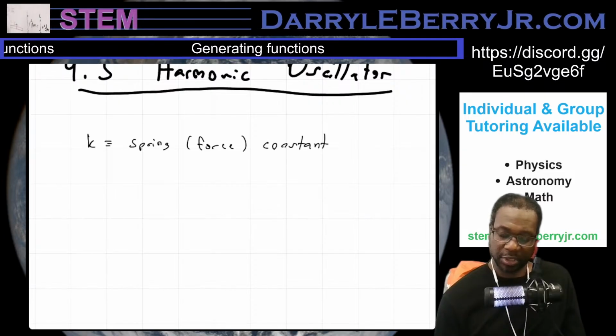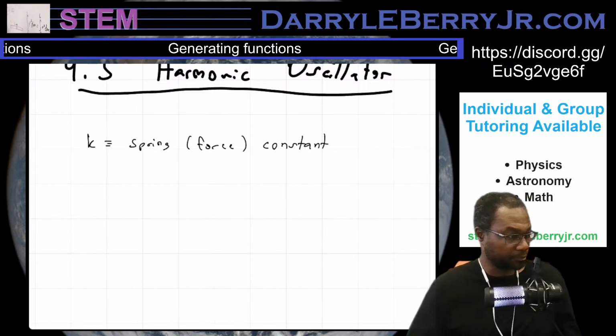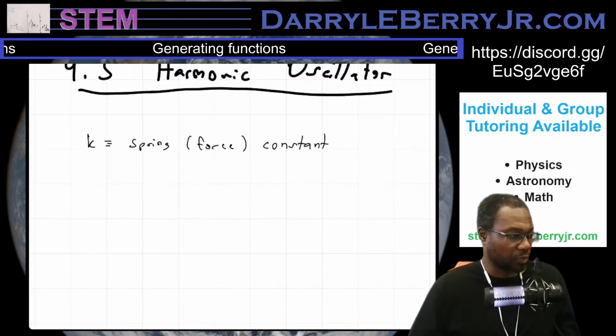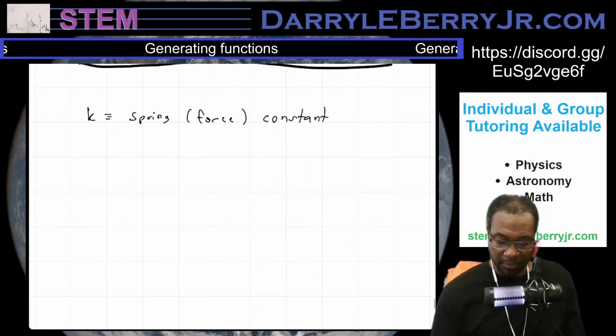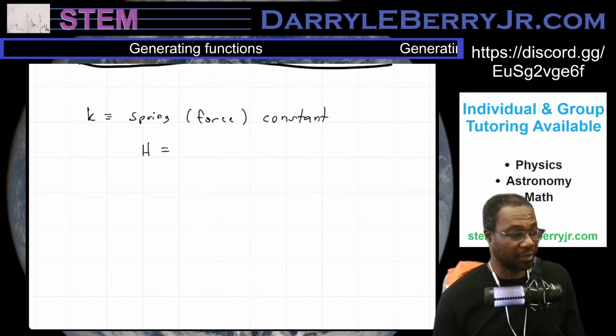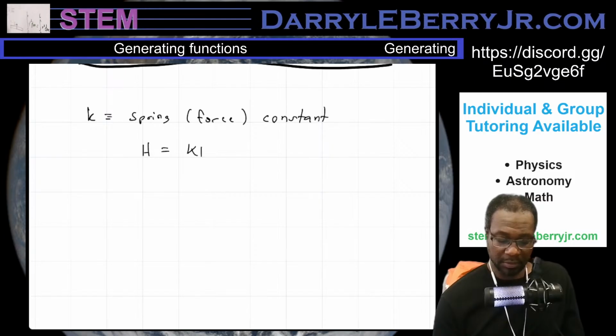So those who've been watching the channel, you are familiar with the simple harmonic oscillator and the constant k. The Hamiltonian for this problem is in terms of the usual coordinates. So H is going to be kinetic energy plus potential energy.